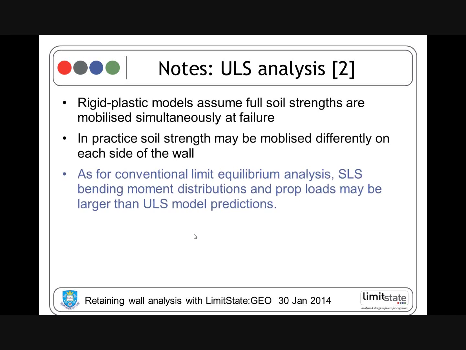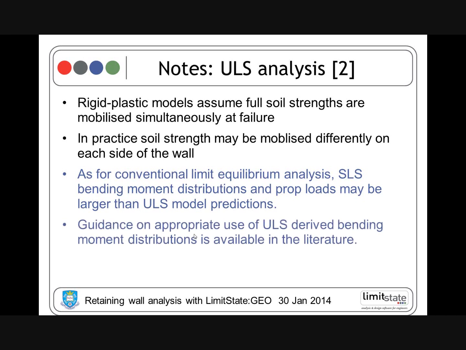It depends on the type of wall we're modeling, and there is guidance in the literature on appropriate use of ULS-derived bending moment distributions. There isn't time to talk about that in the webinar, but it's exactly the same principles as textbook examples on limit equilibrium analysis of retaining walls.